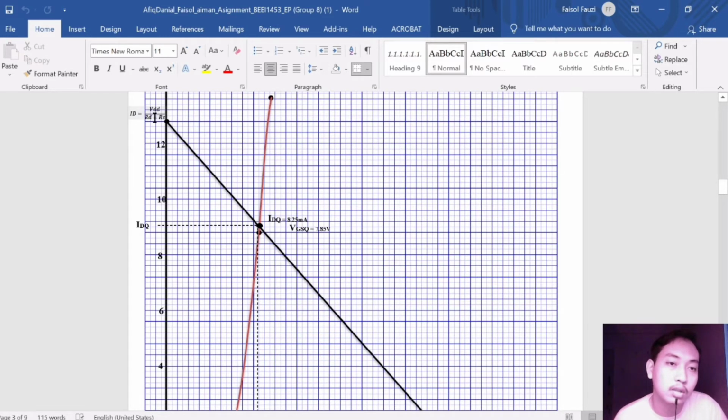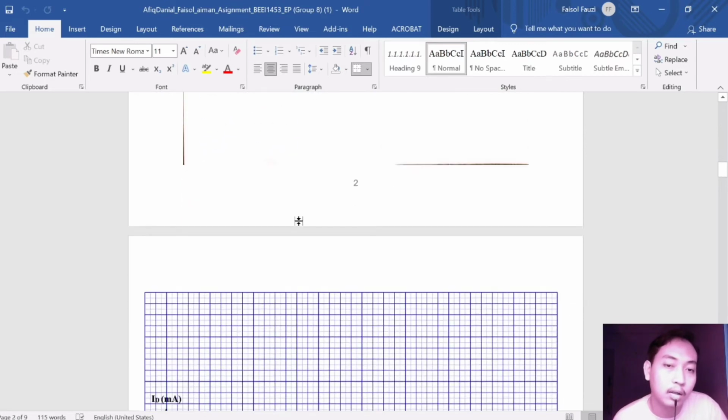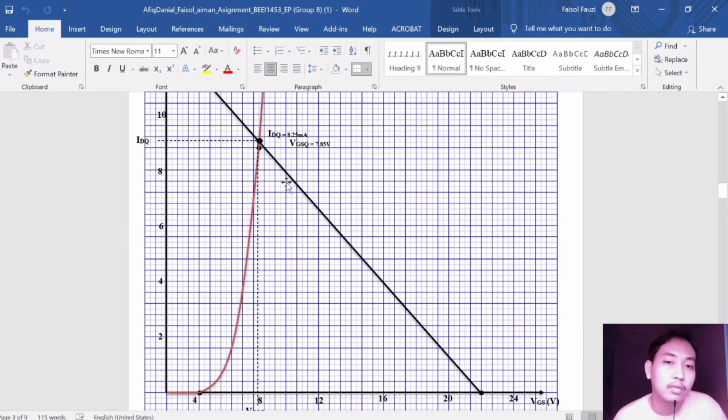So VDD we get here 12.86 milliampere, and the value of VGS equals 22 when ID equals 0. So from these two lines we get the Q point, which is this is IDQ and this is VGSQ.